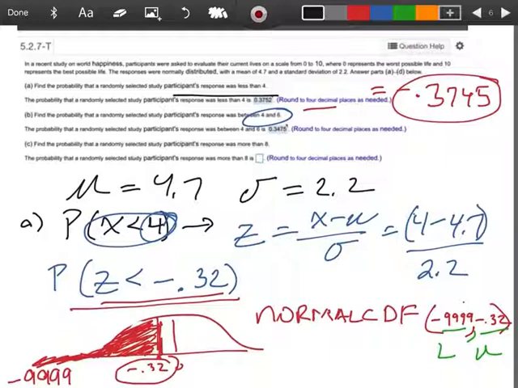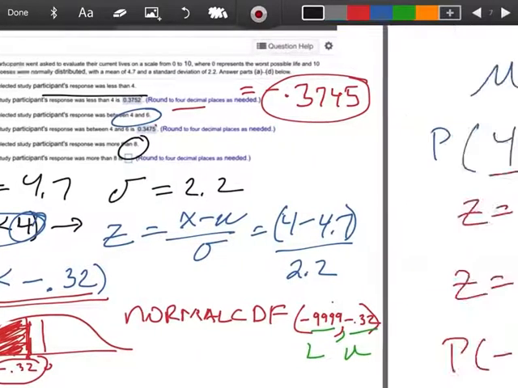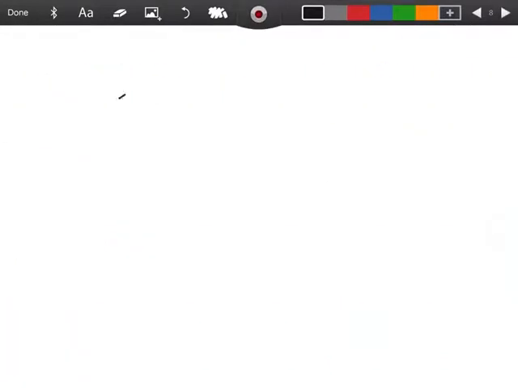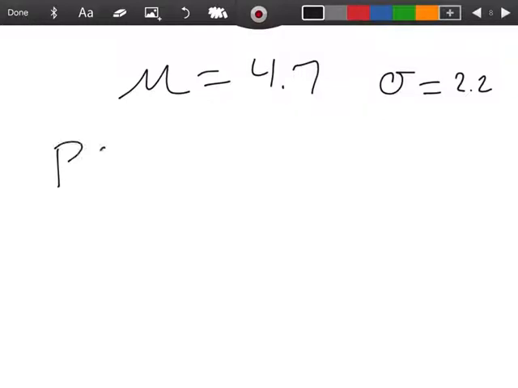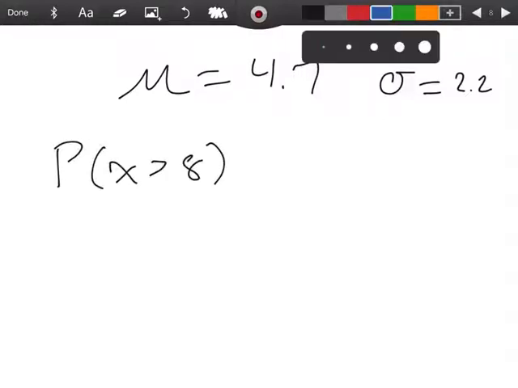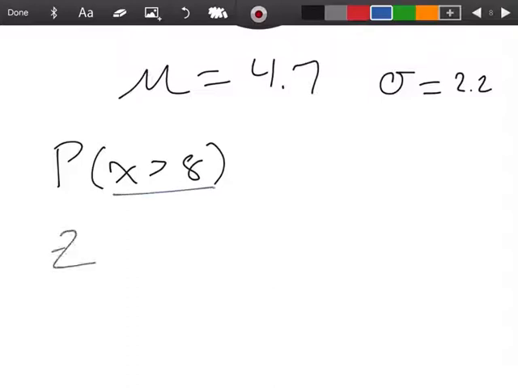Let's see. Part C says, find the probability that a randomly selected study participant was more than 8. Okay, more than 8. So we still know that our mu is 4.7, our sigma is still 2.2, and we're looking for the probability that x is more than 8. So again, just like we did before, we're going to convert this x value to a z-score. So x minus mu divided by sigma.